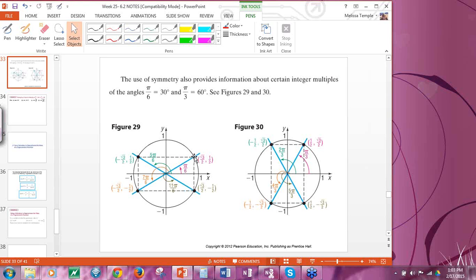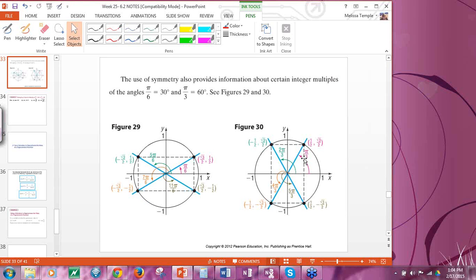So when I reflect pi over 6 over the y-axis, notice that I'm adding 4 pi over 6. But when I reflect it over the x-axis, I'm only adding 2 pi over 6. And then another 4 pi, and then another 2 pi. Again, not that important, you have that memorized, but just know where it comes from.